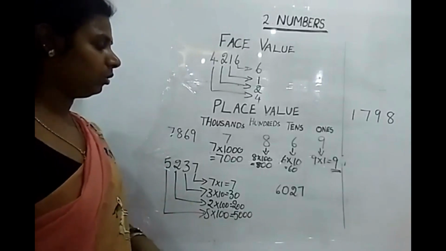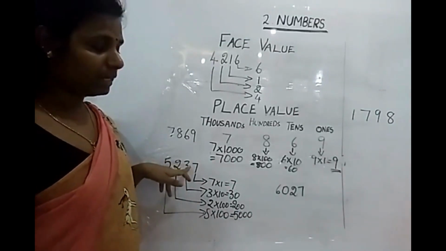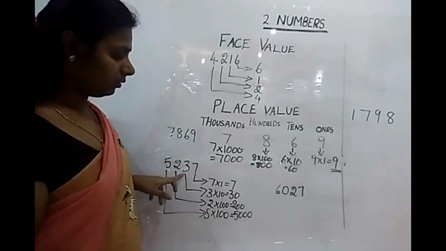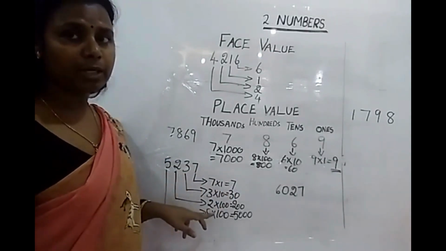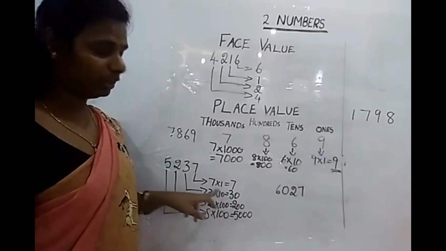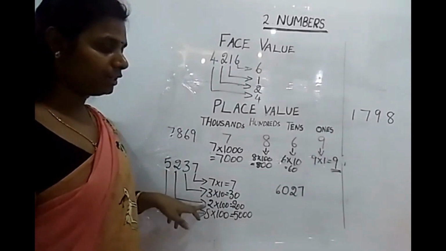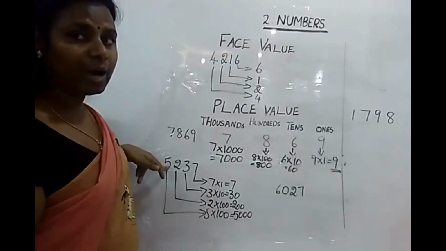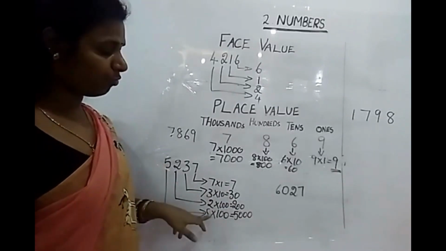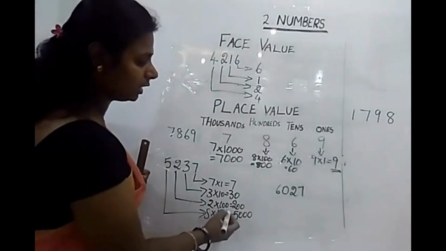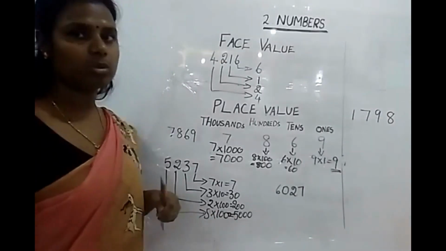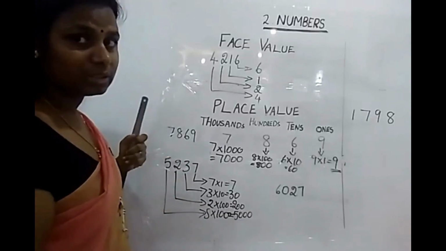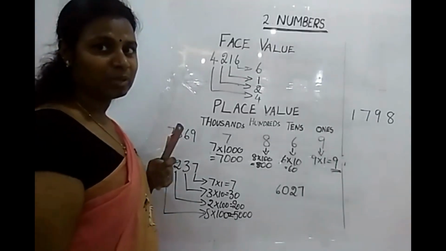Have you understood now? 7 is in ones place, so 7 multiplied by 1 is 7. 3 is in tens place. 3 multiplied by 10 is equal to 30. 2 is in hundreds place. 2 multiplied by 100 is equal to 200. 5 is in thousands place. So, 5 multiplied by 1000 is equal to 5,000. Have you understood? Now, shall we take one more number?